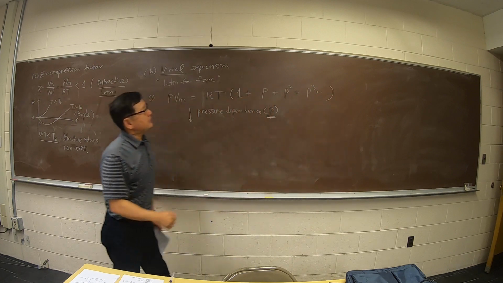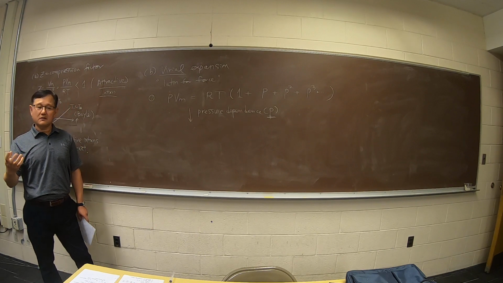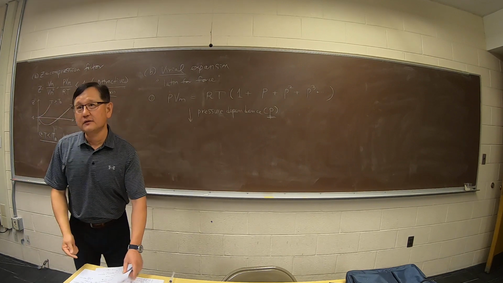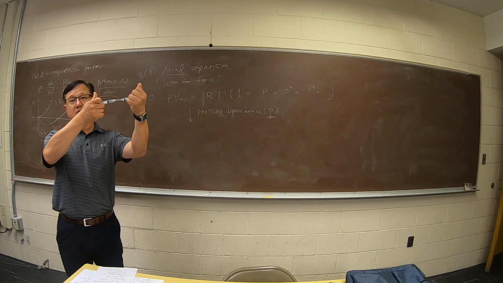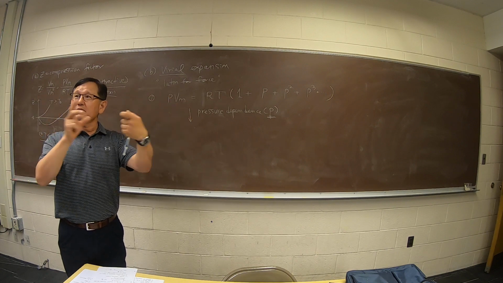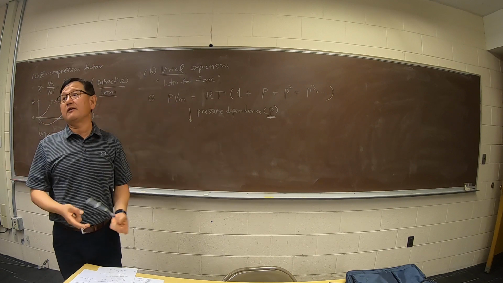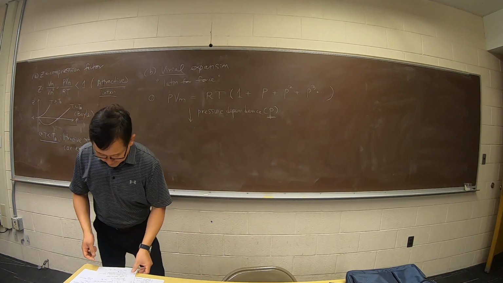So I'm going to use the pressure as my handle to control what? Intermolecular distance, if you want to call it that way, right? If I bring the pressure up, I bring the molecules closer. So by controlling the pressure, you can do the same thing as with volume. People do that for that purpose.